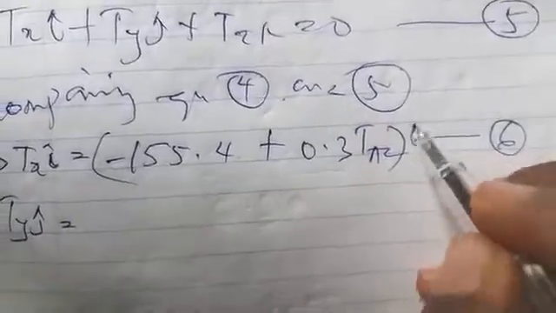Okay, call this equation 6. Also, it means that Tyj is equal to this in terms of j.